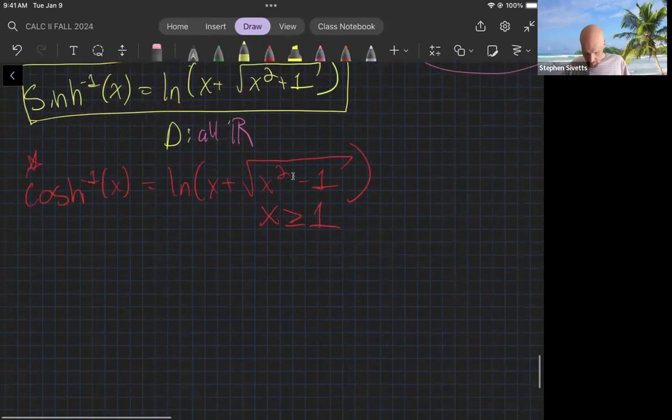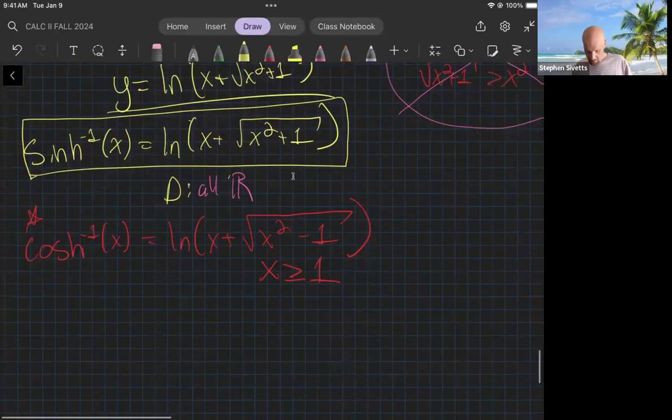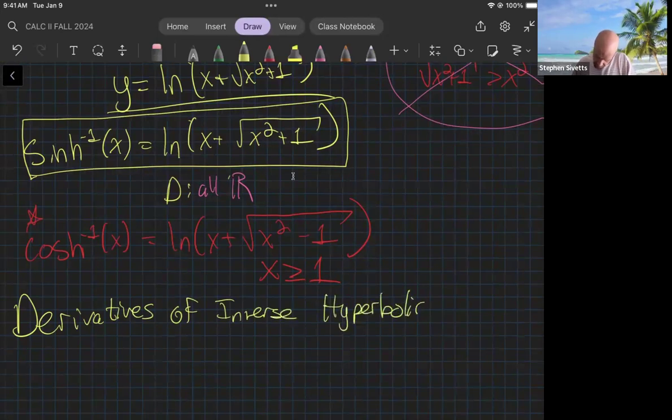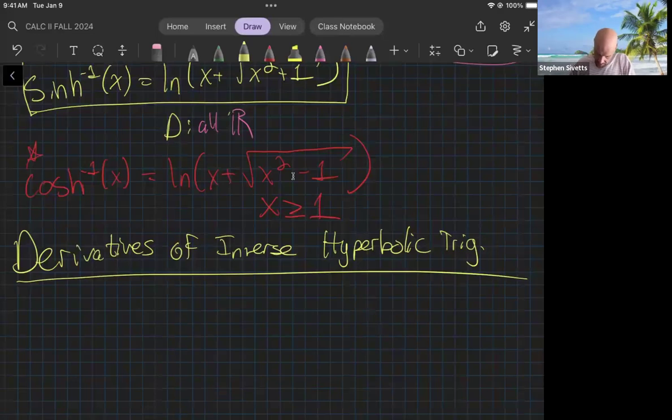And then what I want to go over is how to take the derivatives of inverse trig functions. So let's look at derivatives of inverse hyperbolic trigonometry functions. Let's look at how to differentiate inverse sine of x.